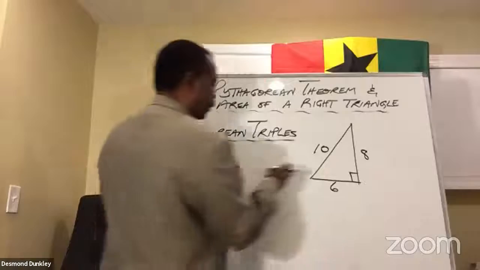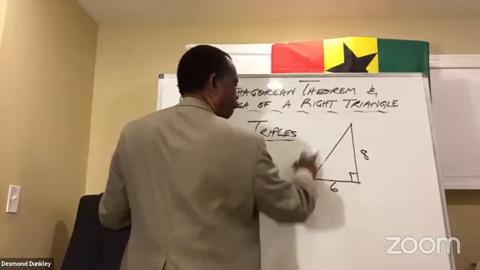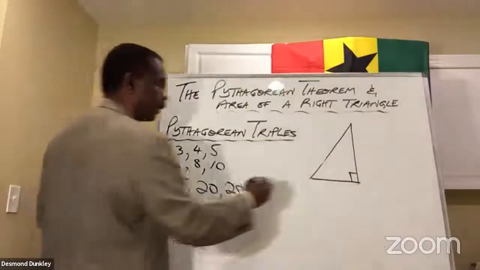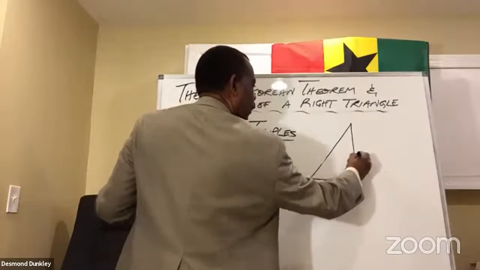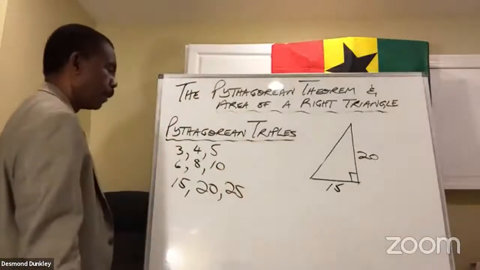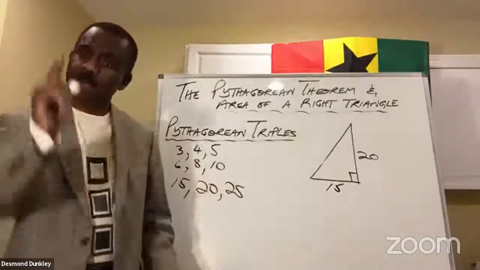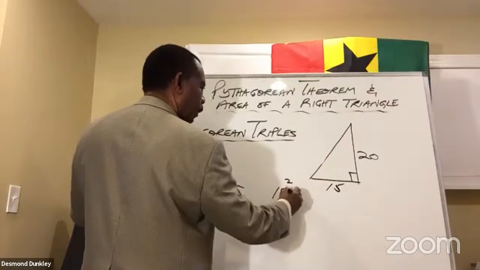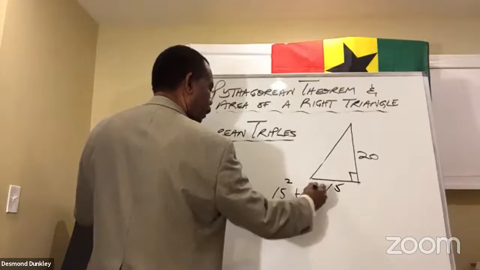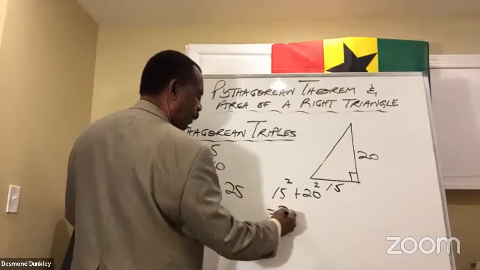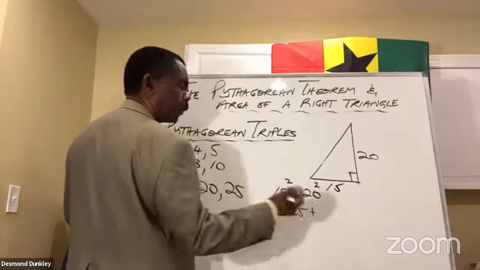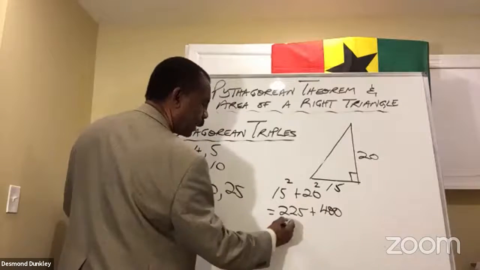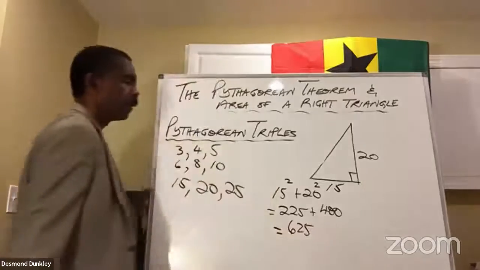Okay, here we go. So let's put the legs together. So this is 15, this is 20. Is this going to be 25? Let's find out. 15 squared plus 20 squared is equal to, 15 squared is 225. 20 squared is 400. 225 plus 400 is 625.